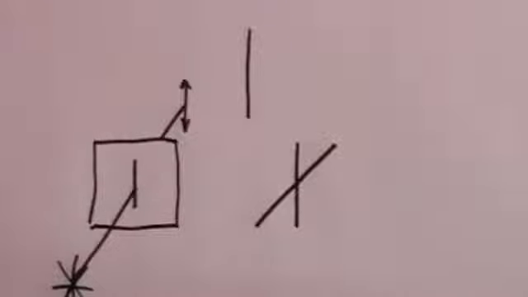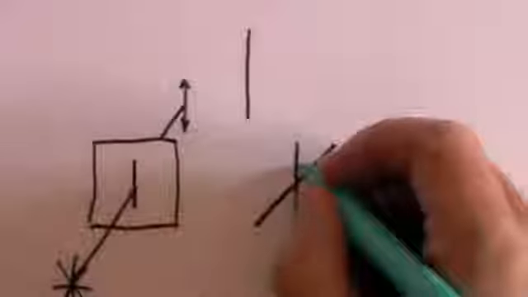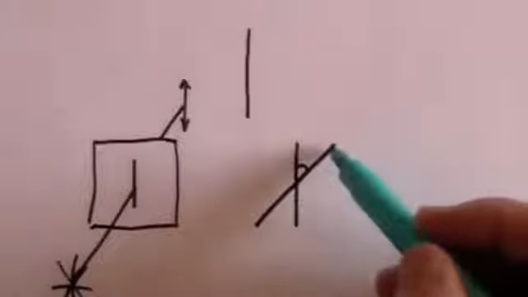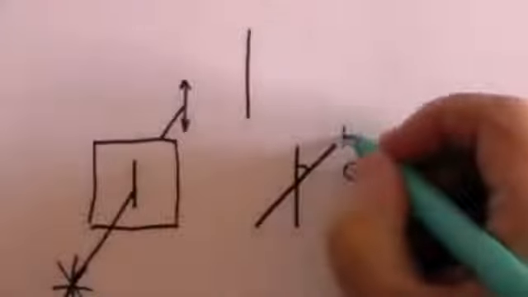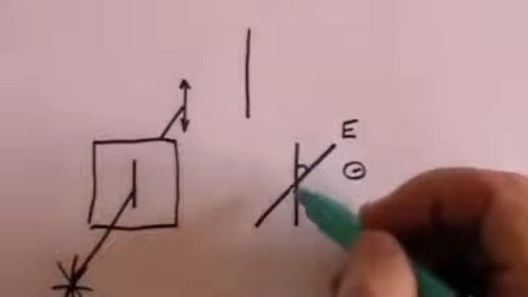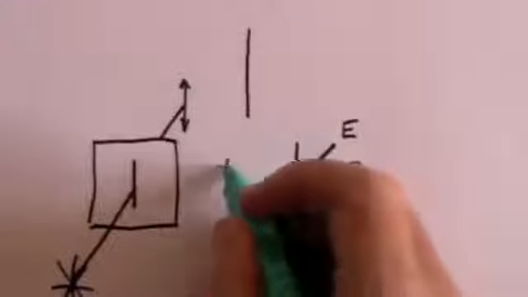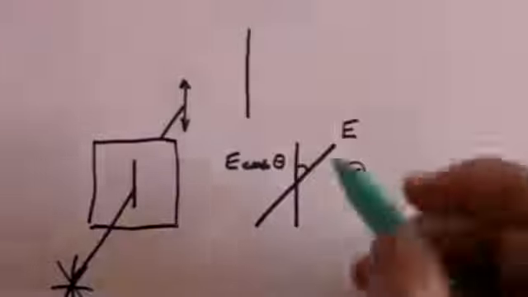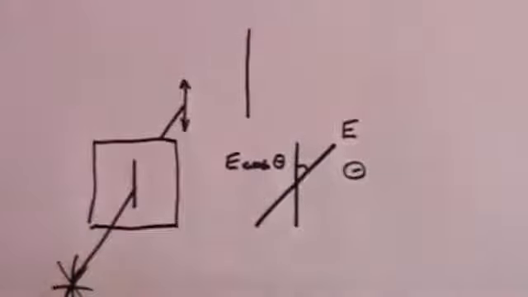Later in the autumn I will be doing a series on quantum mechanics where we'll actually talk about what really happens. But this is the explanation from a classical point of view. What you can say is that if this angle is theta, then the component of the E field in the vertical direction will be E cosine theta. Right, that's just straight trigonometry.